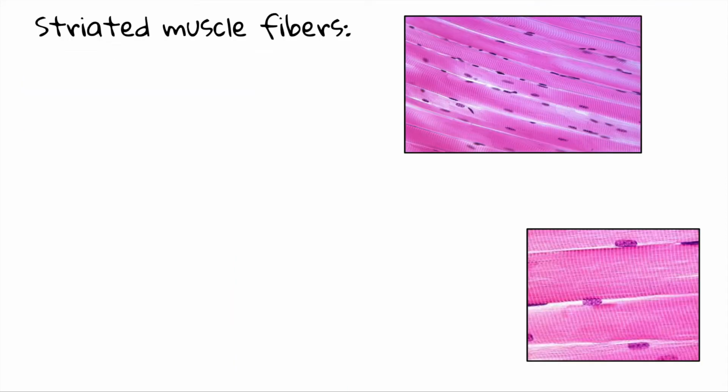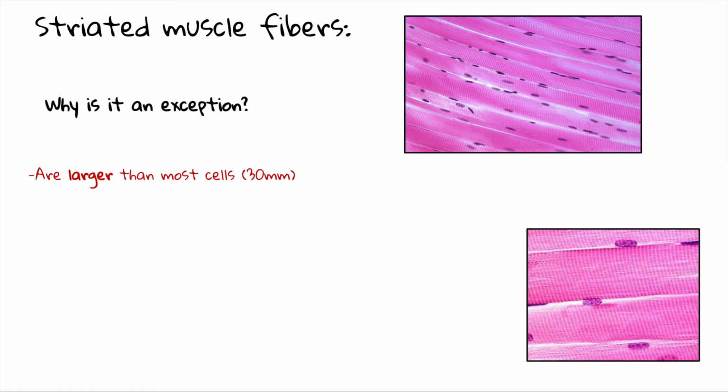Okay, so the first exception is the striated muscle fibers. Why is it an exception? So the cells are larger than most cells. They are around 30 millimeters long, 3 centimeters, that is quite long. The cells are also multinucleated, meaning that they contain more than one nucleus.